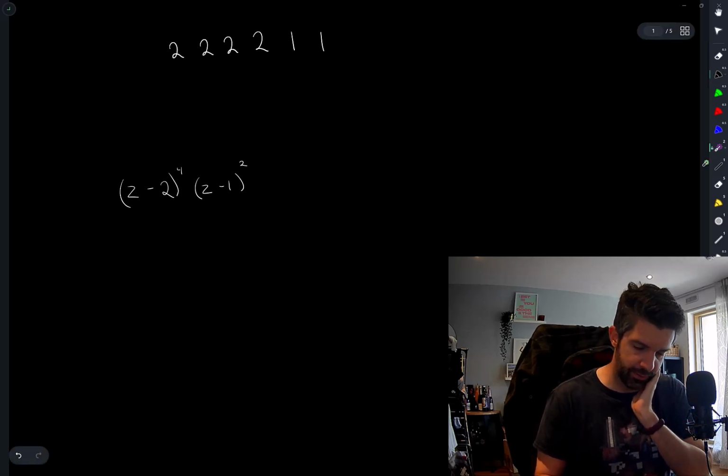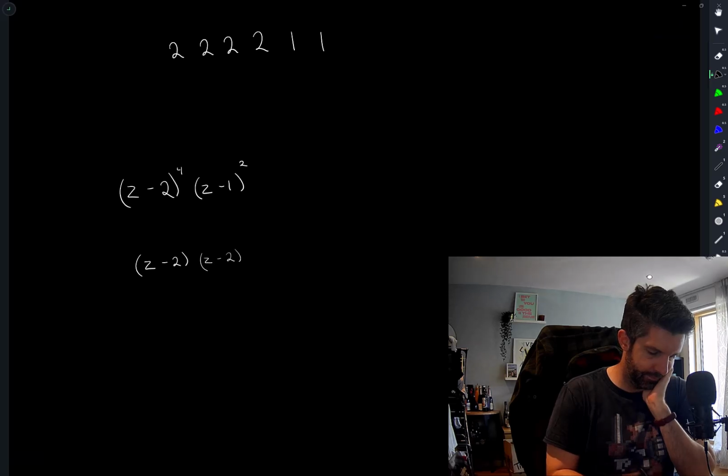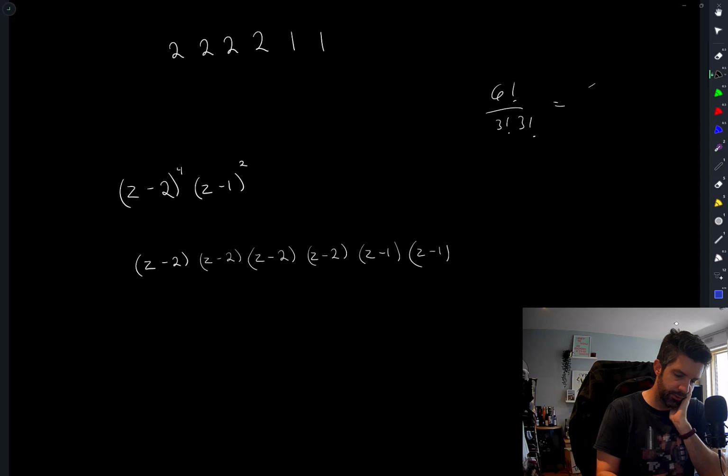Do I want to find the ways of making z cubed from what's 6 choose 3? 6 factorial over 3 factorial, 3 factorial. 6 times 5 times 4 divided by 6.